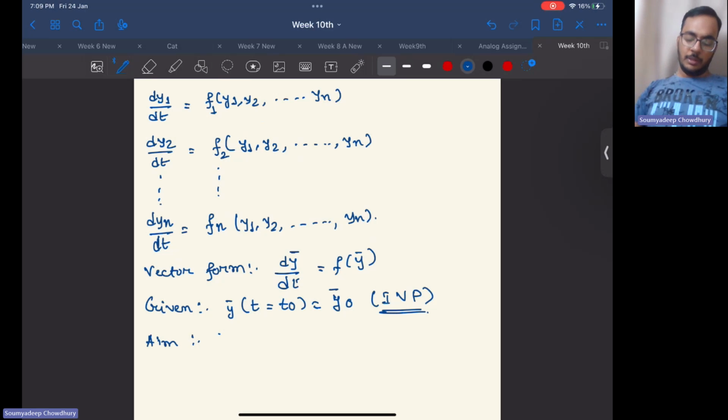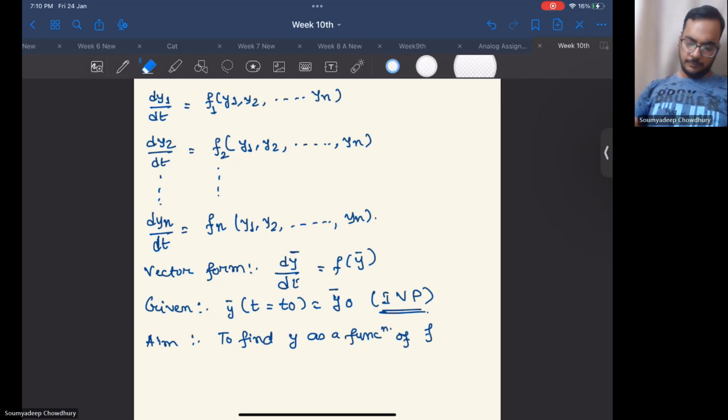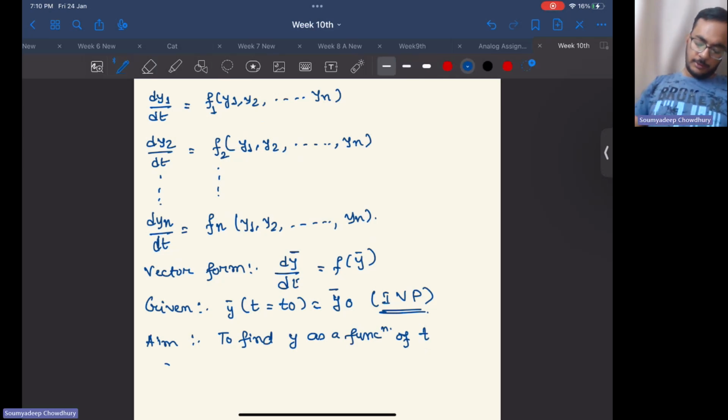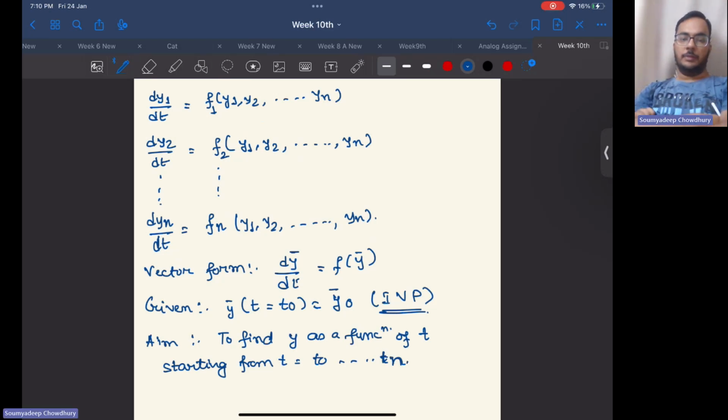The aim here is to find y as a function of t, for different values of t, starting from t equals t naught till t equals tn. We have to find these values of the function.